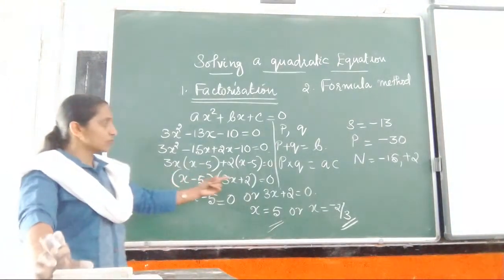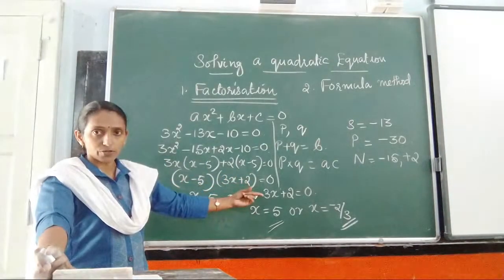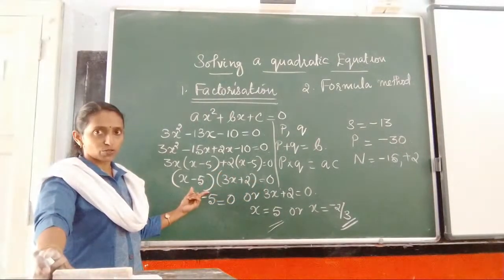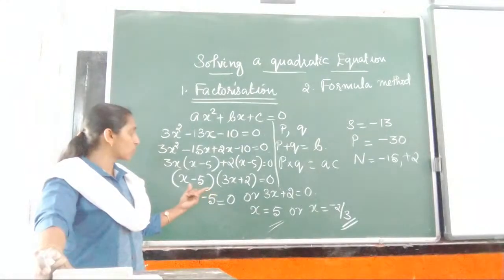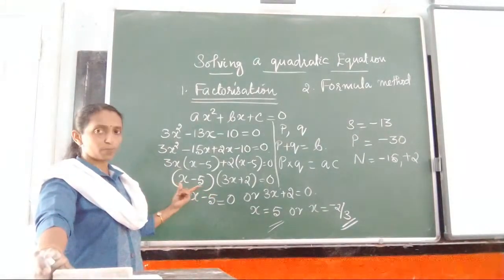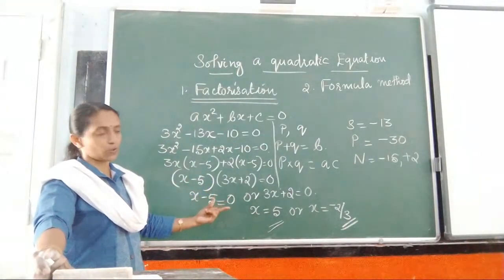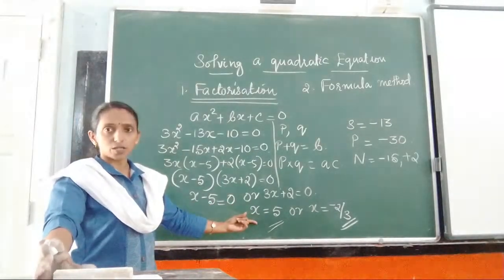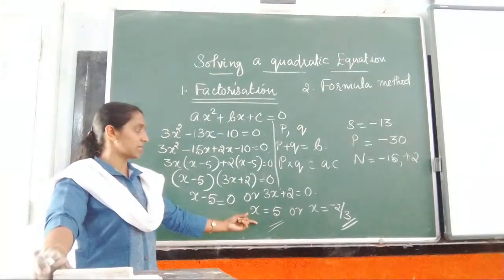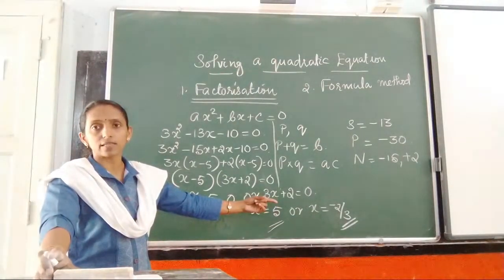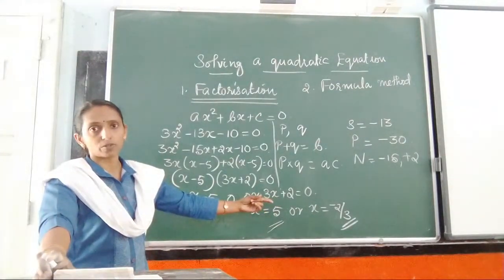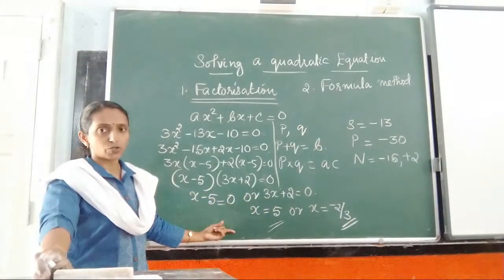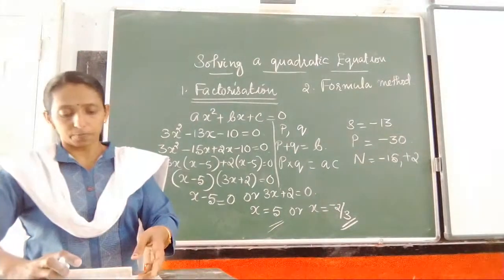Then you will get two factors whose product is equal to 0. Then apply the zero product rule. The zero product rule means either one of the factors will be equal to 0. So if you equate each to 0, you will get both the roots of the quadratic equation: x equal to 5 or x equal to minus 2 upon 3.